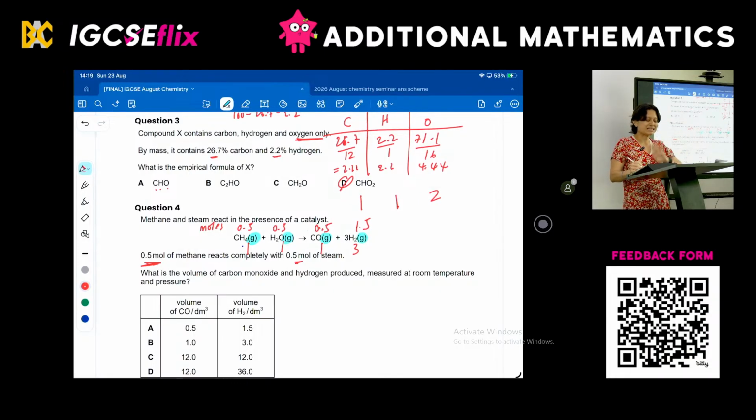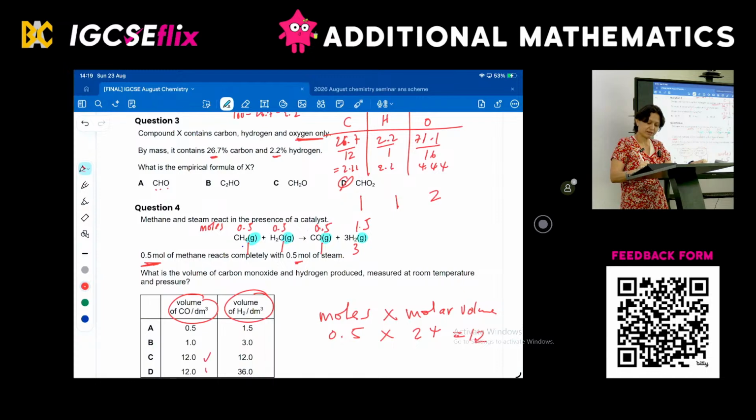But they are not asking you the moles. They are asking you the volume. How do you calculate volume? Moles multiply molar volume. Moles 0.5 times molar volume 24, you get 12.